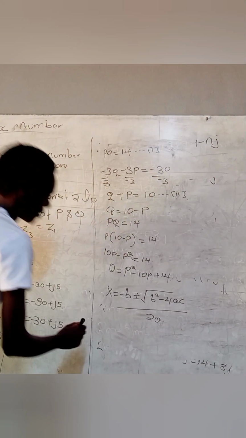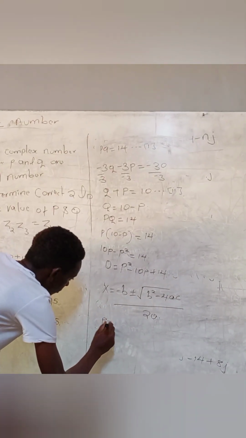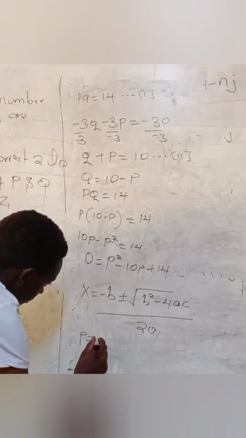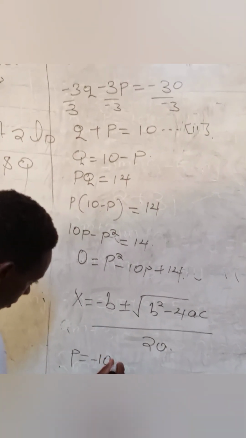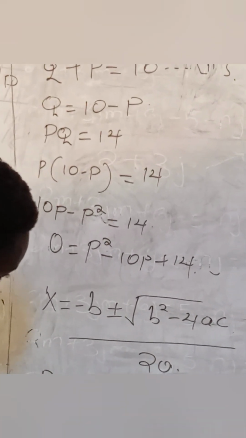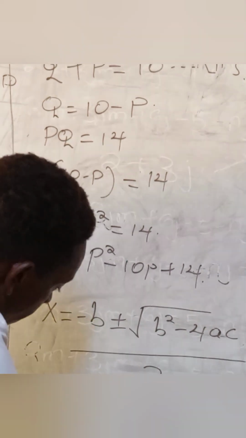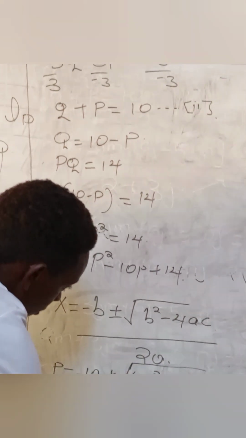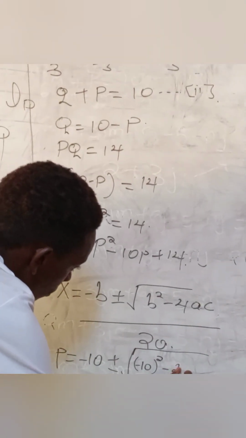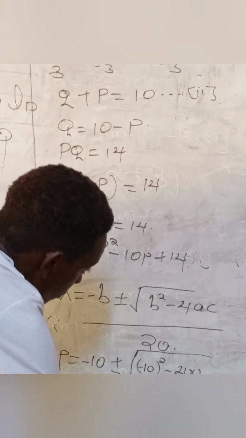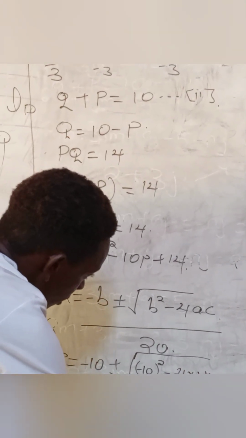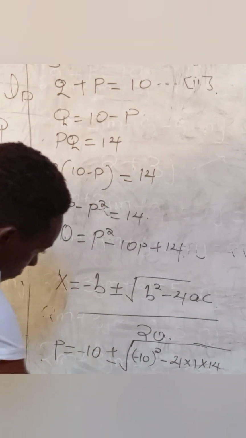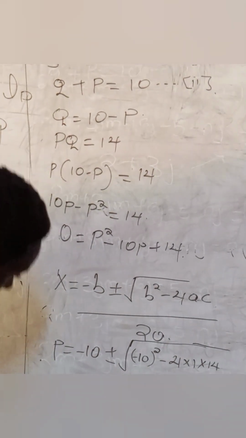So p is equal to negative b, that is negative negative 10, plus or minus the root of negative 10 squared minus 4 times a, which is 1, times 14, all over 2.